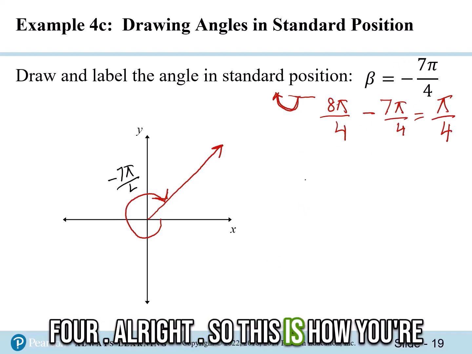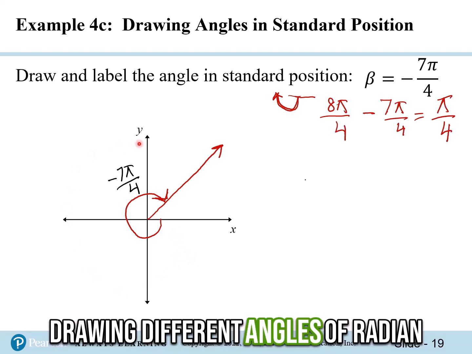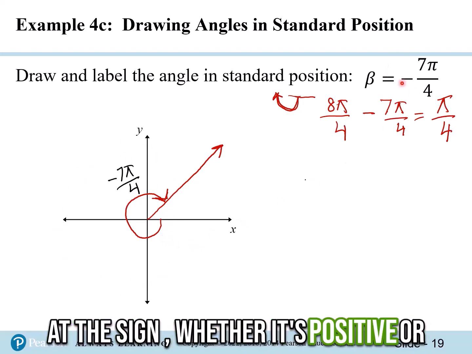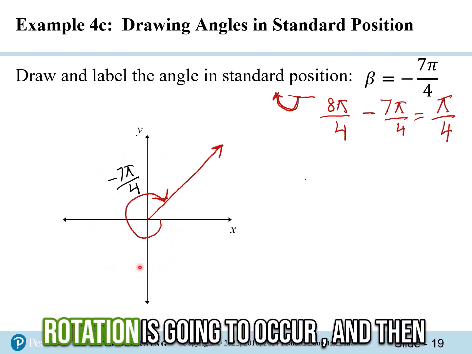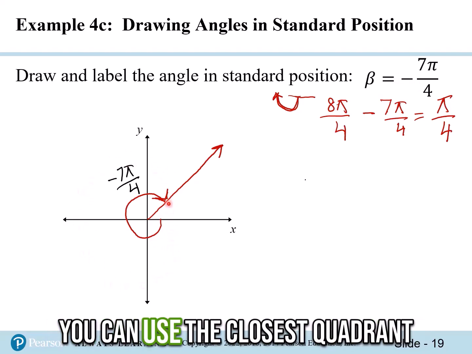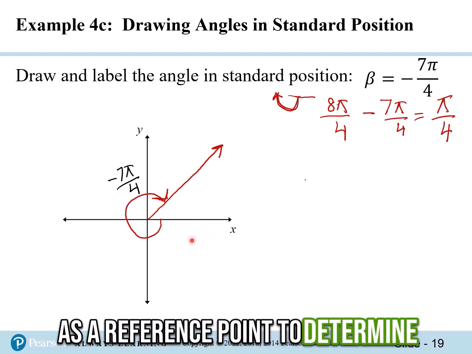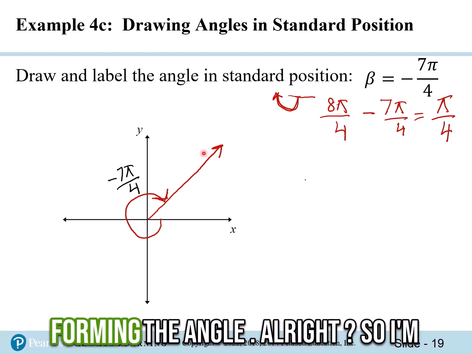All right, so this is how you're going to go about drawing different angles of radian measures. You have to look at the sign, whether it's positive or negative, to decide in which direction the rotation is going to occur, and then you can use the closest quadrantal angle as a reference point to determine the location of the terminal side forming the angle.